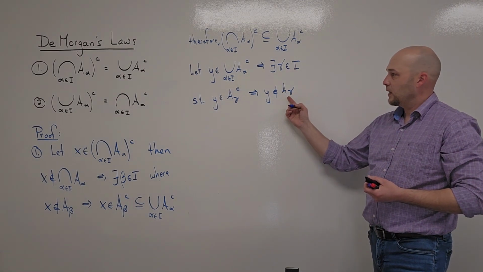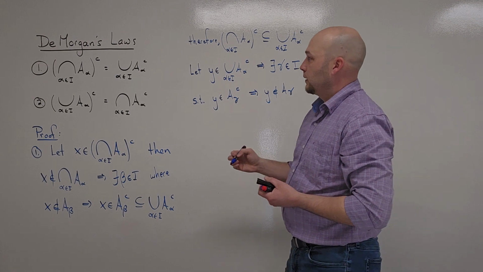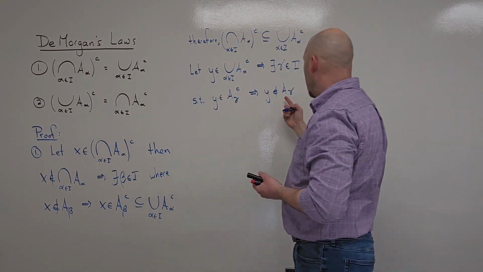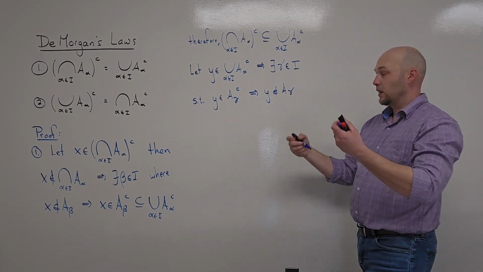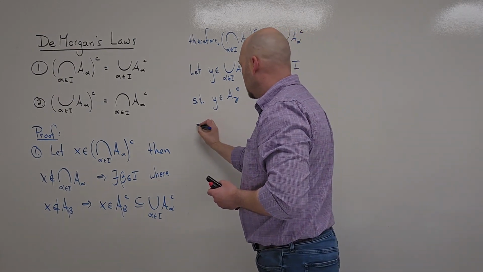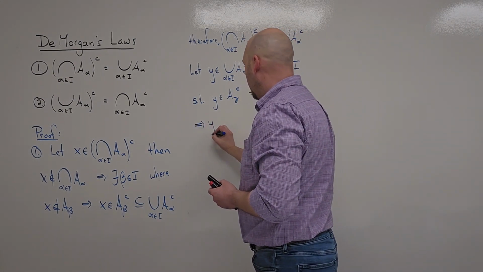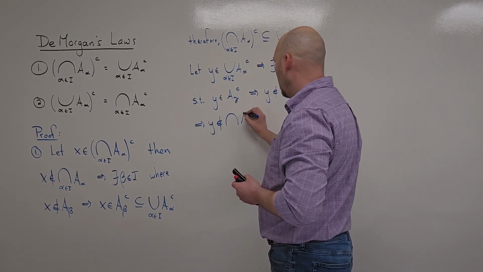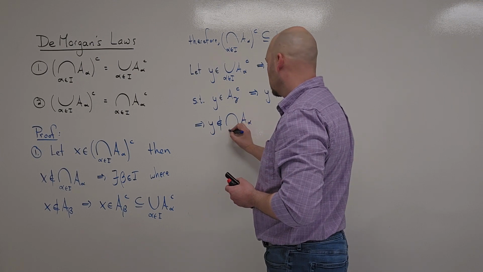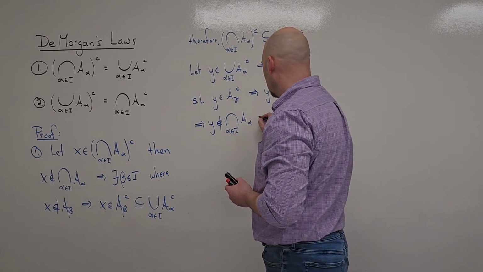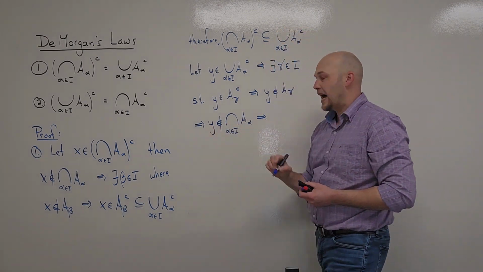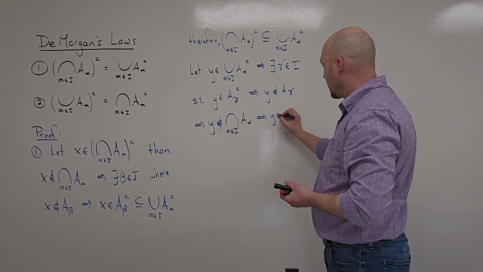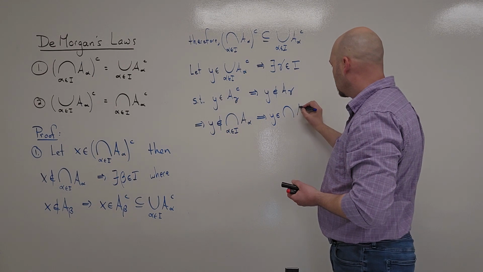If Y is not an element of A gamma, then it's not an element of the intersection of all of them, because in particular, it's not an element of this one, so it can't be an element of all of them. So Y is not an element of the intersection of all of these sets. But if Y is not an element of the intersection, that means that Y is an element of the complement.